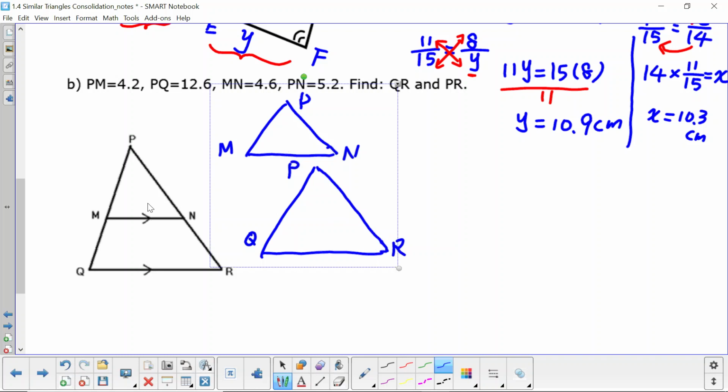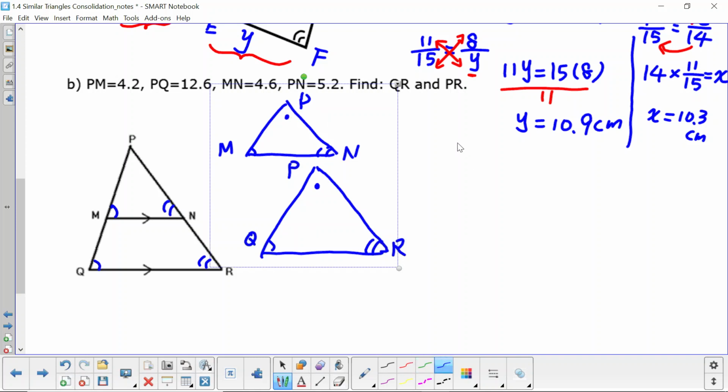So this parallel means, from the F pattern, these two angles will be equal. And these two angles will be equal. Then you will see in these two triangles, two corresponding angles equal. So these two triangles will be similar. This angle should be equal.